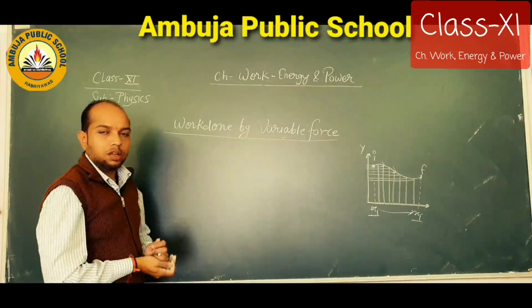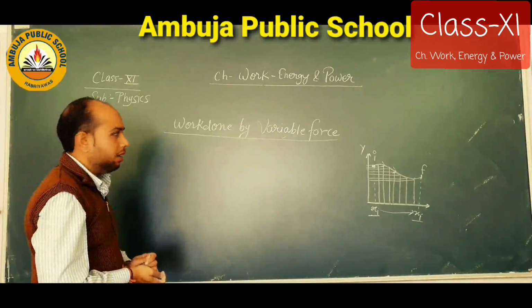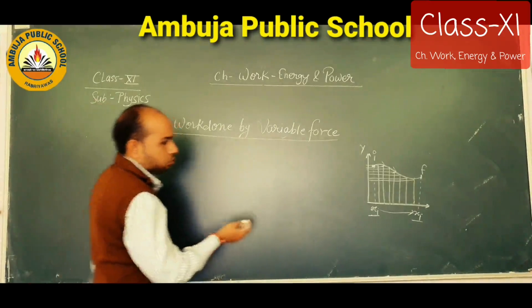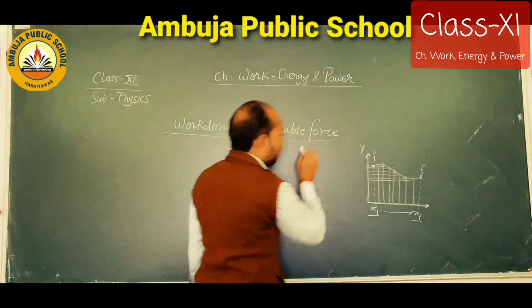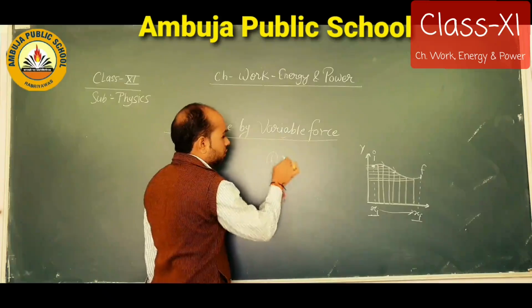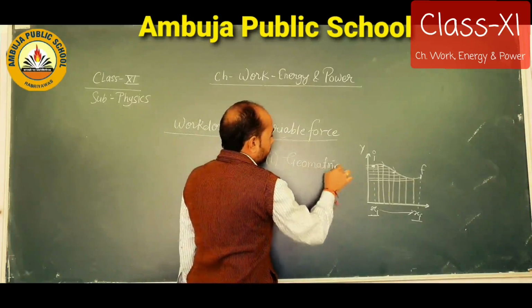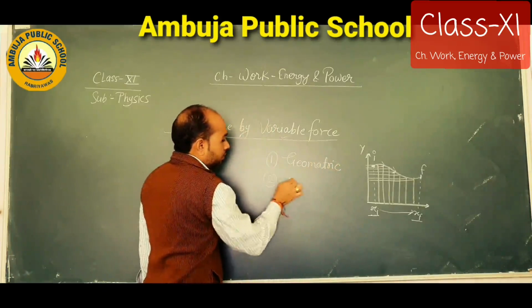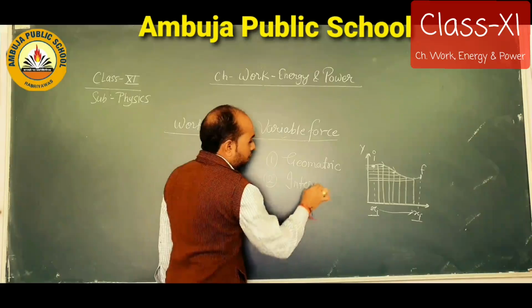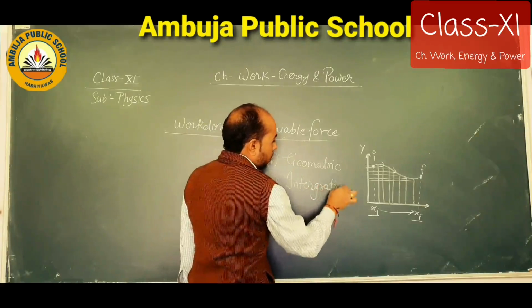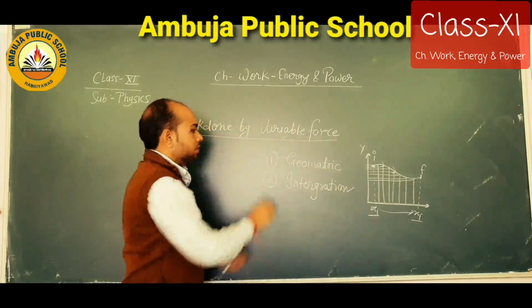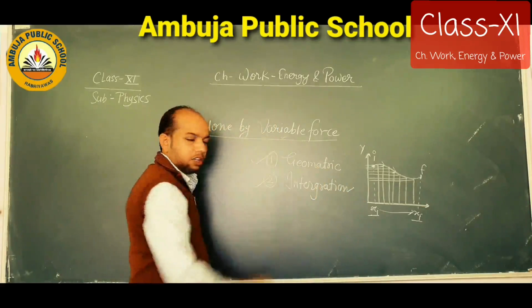Here we use the integration technique. We find the work done by two methods. First one is the geometric method, and second one is integration. Either we have to choose the geometric or the integration method.